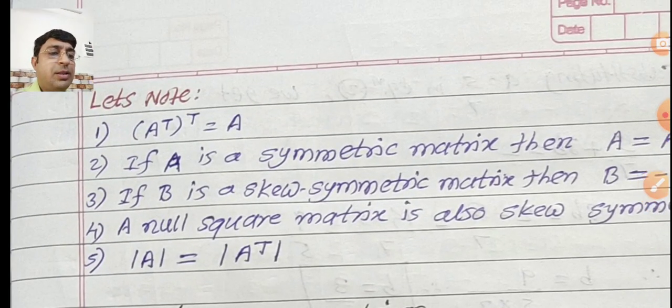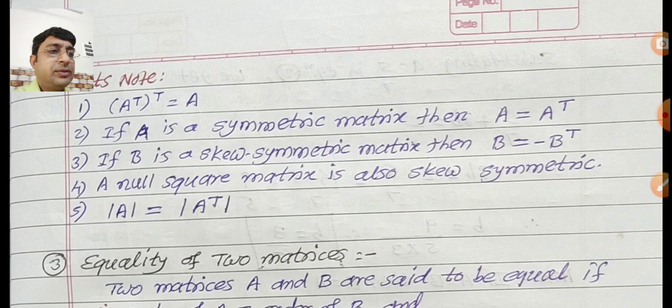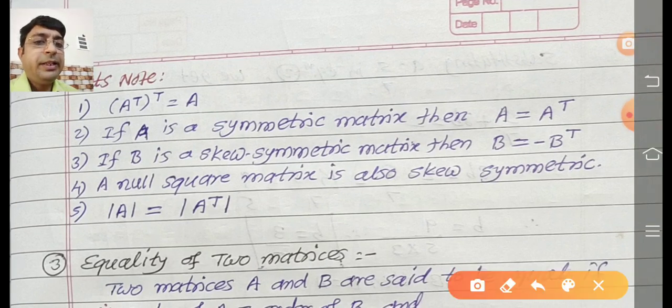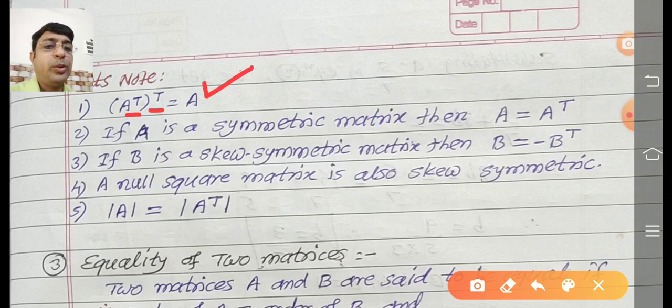Some conditions or some notes are given here. Check that. We are taking the transpose of a given matrix, and again one more time we are taking the transpose, so we get the original matrix. If A is a symmetric matrix, then the original matrix A and the transpose of matrix A are the same.